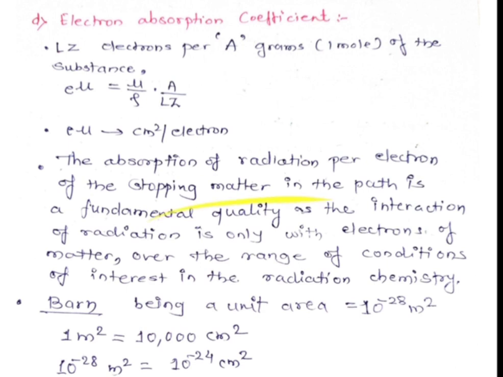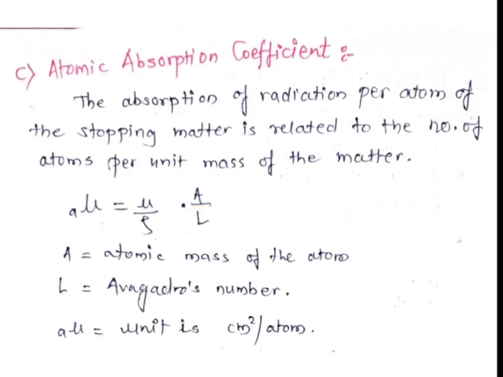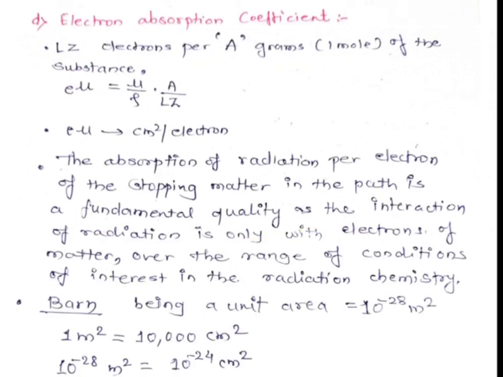So what is the difference between these two? The atomic absorption coefficient is equal to mu by rho into A by L, and here only Z is additionally included, where Z is the atomic number. Here e-mu has unit centimeter square per electron. The absorption of radiation per electron of the stopping matter in the path is a fundamental quantity, as the interaction of radiation is only with the electrons of the matter.